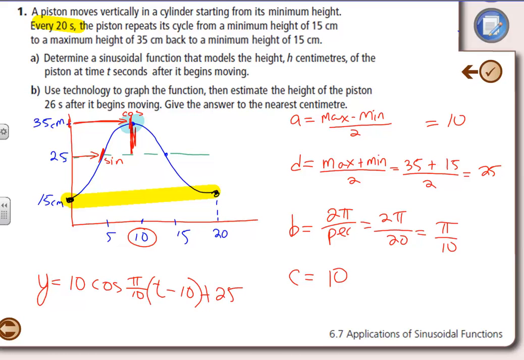Let's throw down the sine one just because we can. Or y equals 10 sine pi over 10 t plus 25. All those are the same. The only thing that changes is that we're going t minus 5.